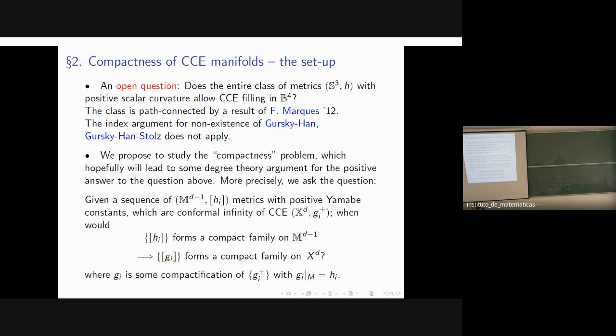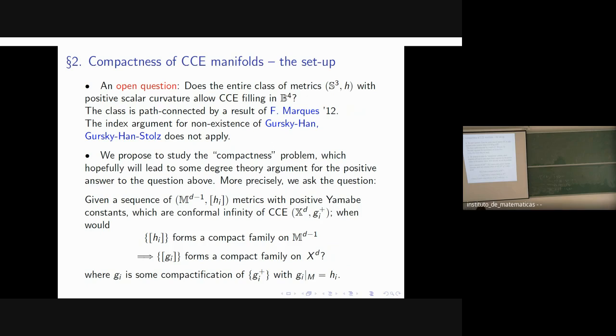And then you see that for this class, the index argument for non-existence of Zworski and so on does not apply. I didn't go into detail about the proof. So that's the question I have been working on for a long time. We are getting close, but we haven't answered the question yet.